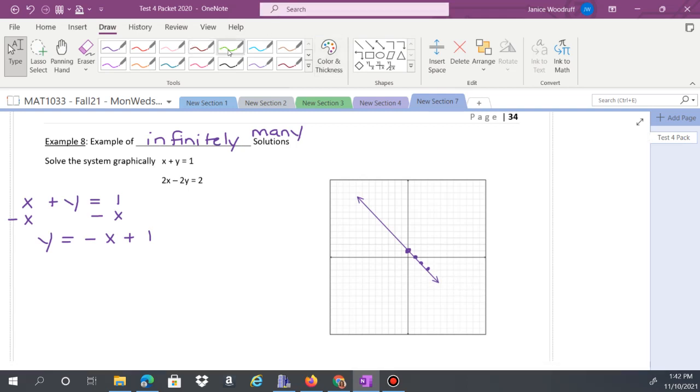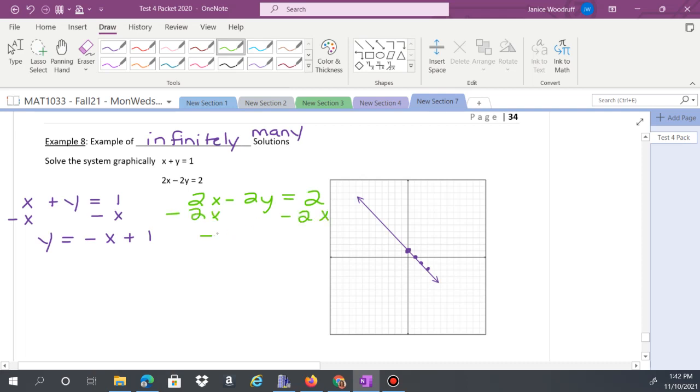Then my second equation, I have 2x minus 2y equals 2. Okay, so we want to get y by itself, so we're going to subtract 2x. We're going to get negative 2y equals negative 2x plus 2. Then divide everything by negative 2.